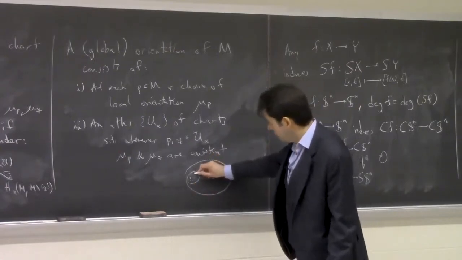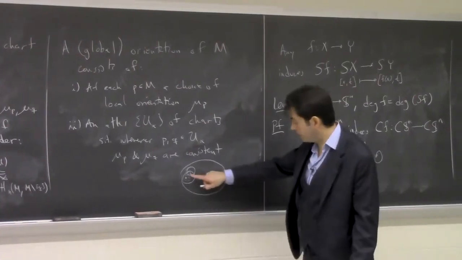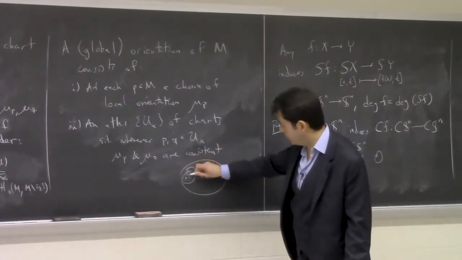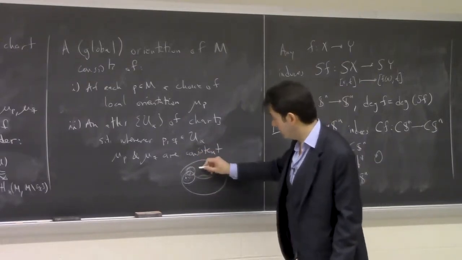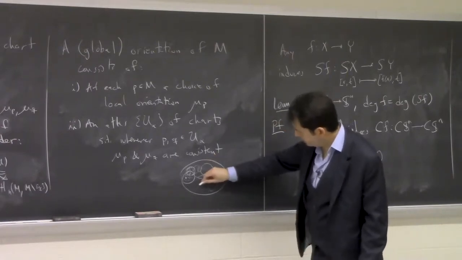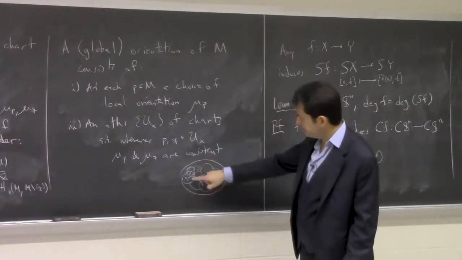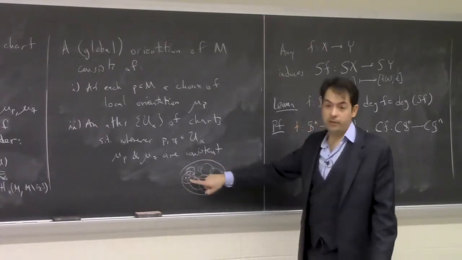So now you could take one of these points and choose a chart around it, and since you've already chosen the local orientation there, that gives you the local orientation everywhere here. So the only thing you have to worry about is that if you keep doing this, then when you come back around, this choice induced a choice back here.